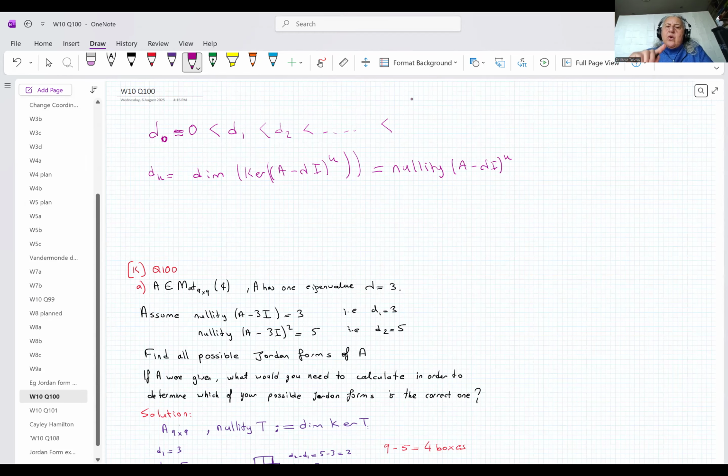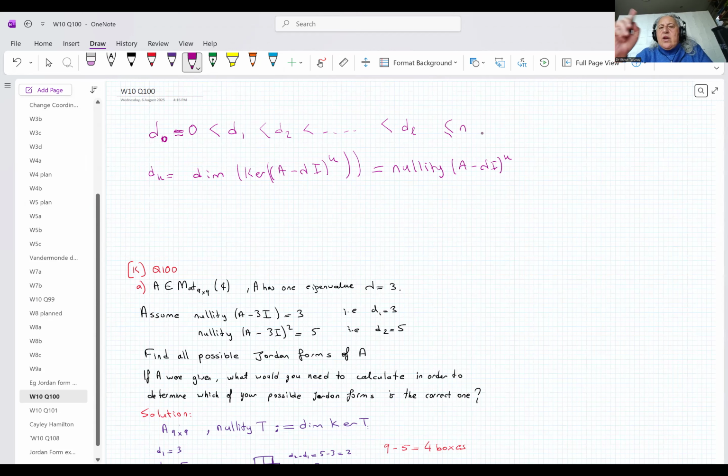But see, if you have only one eigenvalue, then at some stage it will finish, and it will be smaller than or equal to the dimension of the vector space. If you have an n by n matrix with one eigenvalue, this should end with n, right? But in general, it's smaller than n, but it will be n if you have only one eigenvector.